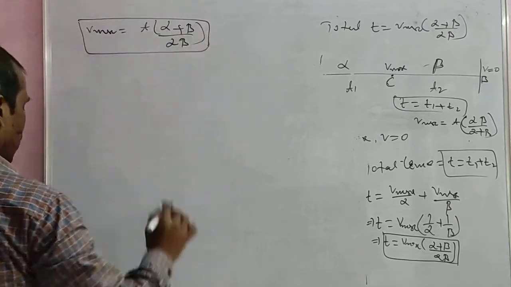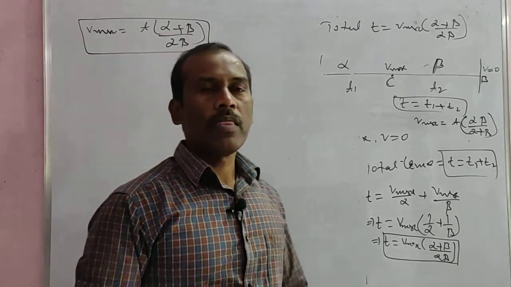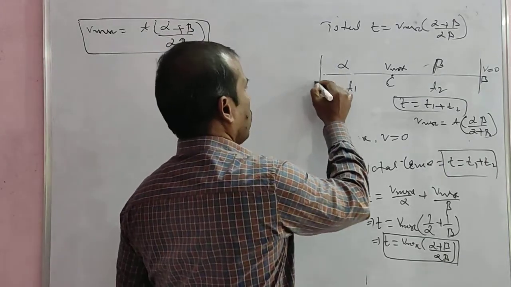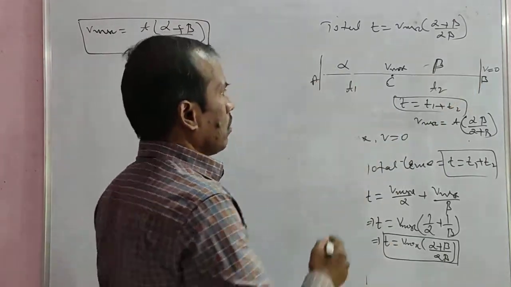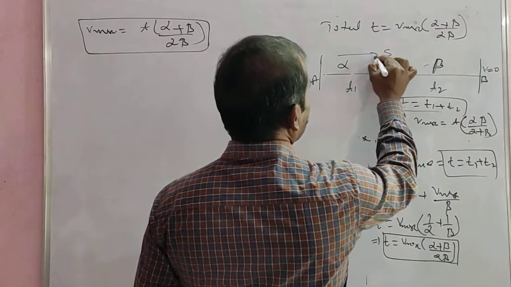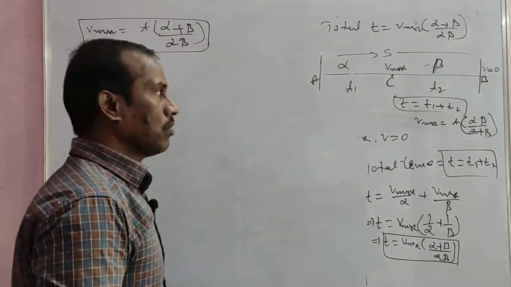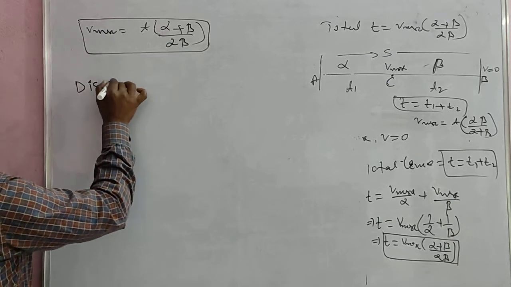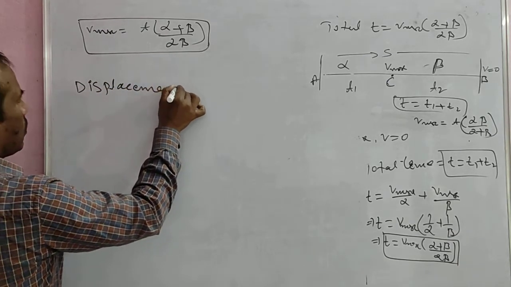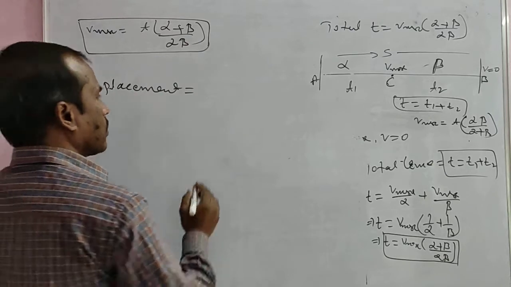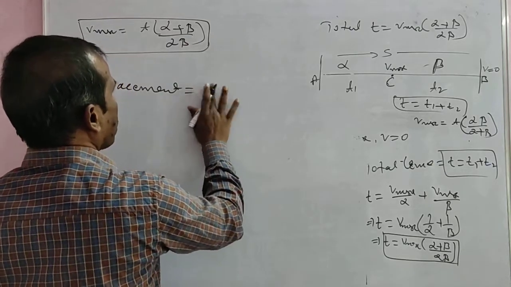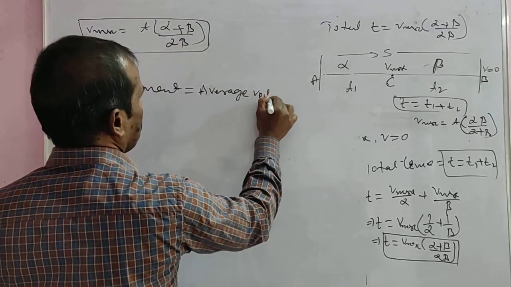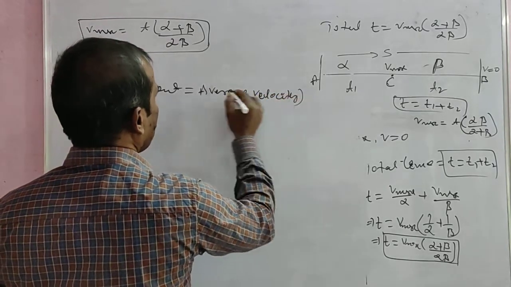Next, the total displacement of the bus from A to B, just S. Displacement is equal to average velocity into time.